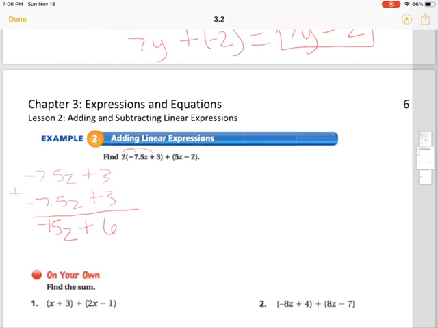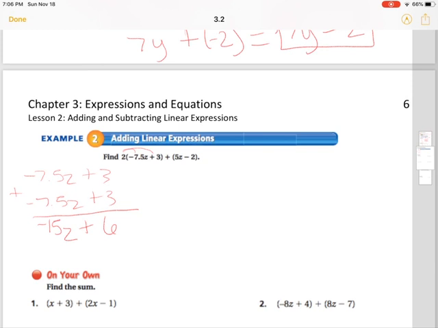So all that 2 is saying is that there is 2 of everything on the inside of that parentheses. So that's why when you do the distributive property, you have to remember to multiply the 2, or whatever number is on the outside, by everything on the inside. Because remember, even last year in 6th grade, when we talked about PEMDAS, we talked about parentheses first, and parentheses includes everything that's inside those parentheses.